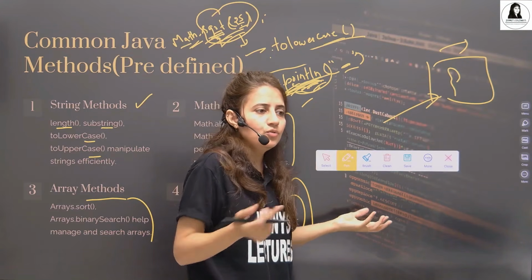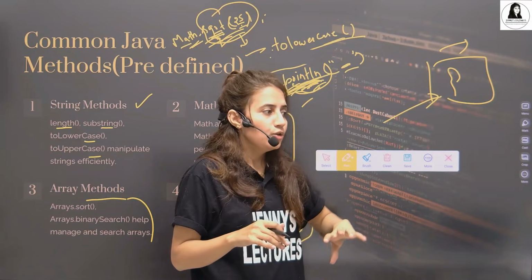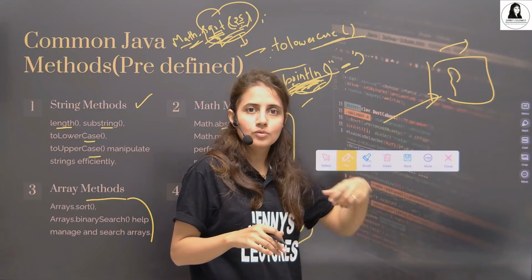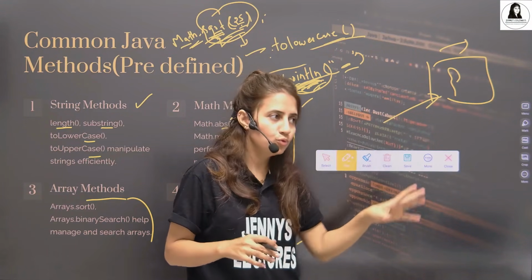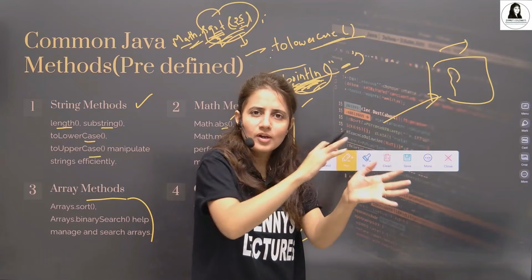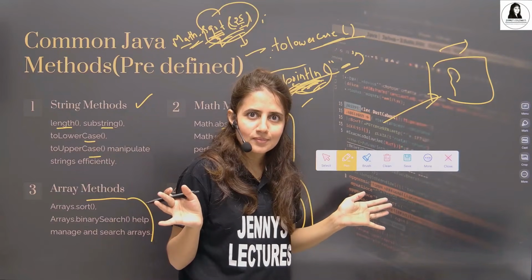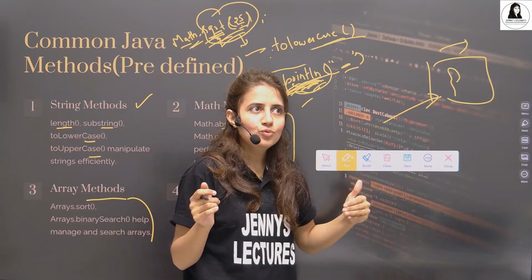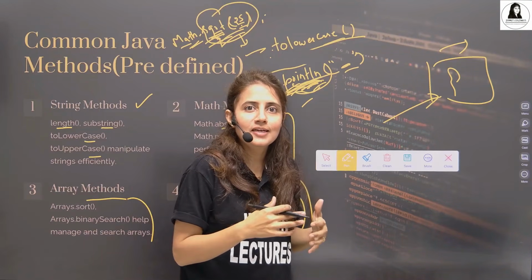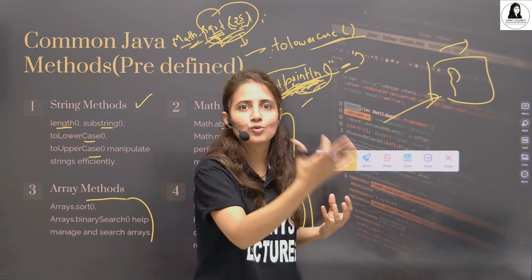Like if you want some vegetables or if you want to buy fruit, it's not like you will grow these vegetables or fruits at your home. No, someone has already done that for you. Just go to the supermarket and buy. Because if you do that from scratch, then definitely it will take a few months to get you those fruits or vegetables.